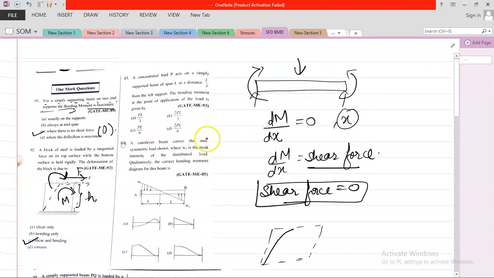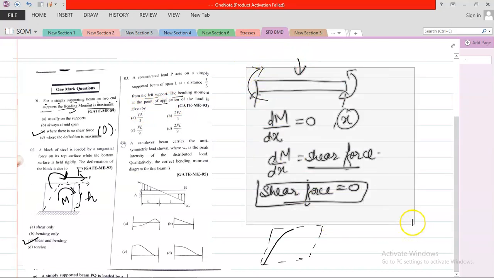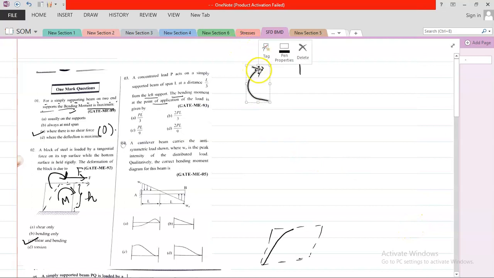Now the next question is, a concentrated load P acts on a simply supported beam at a distance L by 3 from the left support. The bending moment at the point of application of load is what? So what is the question asking?